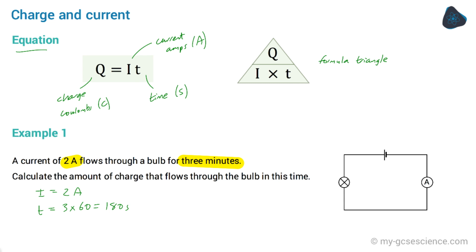Now that we've done that, we can use either the equation or the formula triangle. Writing down Q equals I times T, substituting in our numbers 2 times 180, and we're left with our final answer of 360 coulombs. Right, having done that one, let's go on to a slightly more complicated example next.